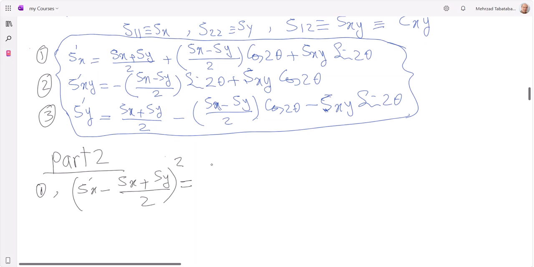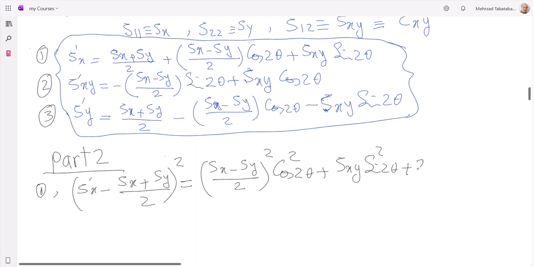So this will give me (sx minus sy divided by 2) squared cosine squared 2 theta, plus sxy squared sine squared 2 theta, plus 2 times this term times this term.